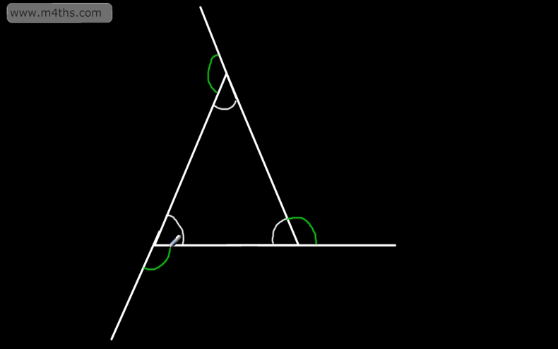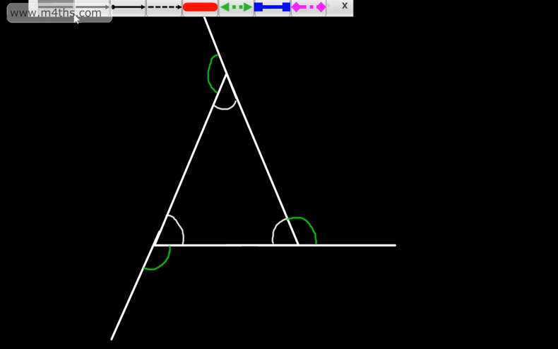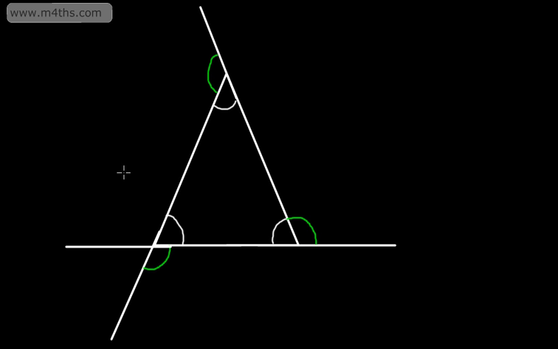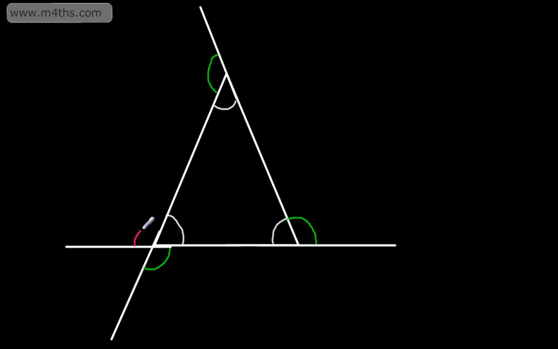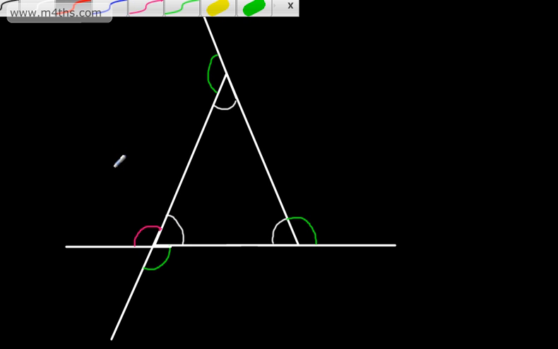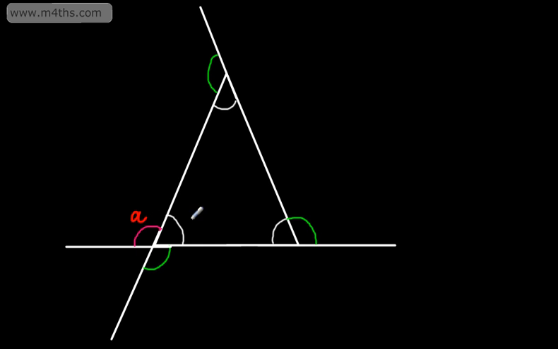You might have asked the question, why did I extend the line in that direction? Why didn't I extend it in this one like I had with the other? Well, if we think about opposite angles, these are going to be the same. So we've got the green one and the pink one will be opposite, therefore they're equal. If I put on here that this was going to be A, this was going to be B, and this was going to be C, we could see that A plus B would give us 180 degrees.